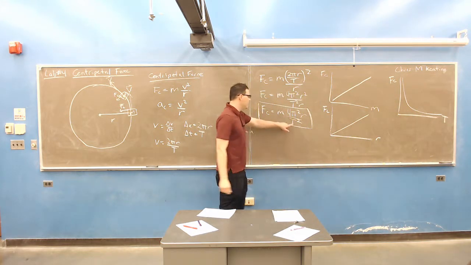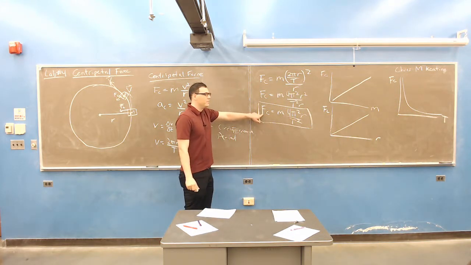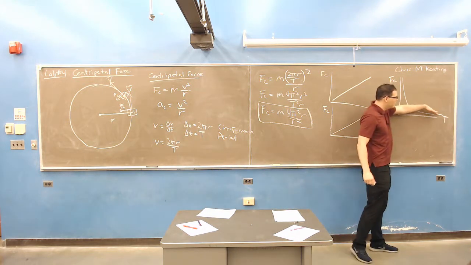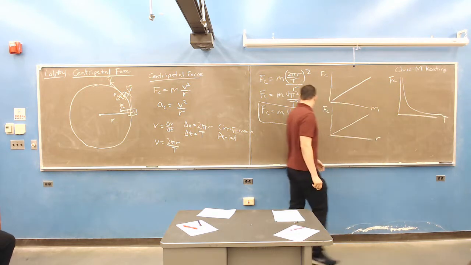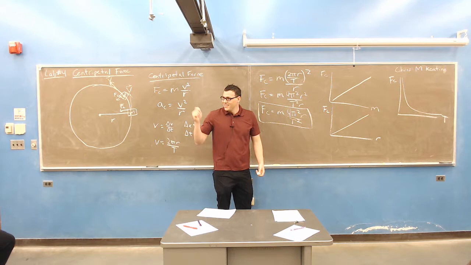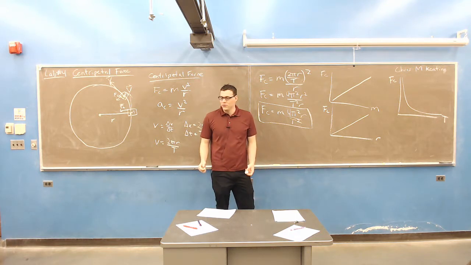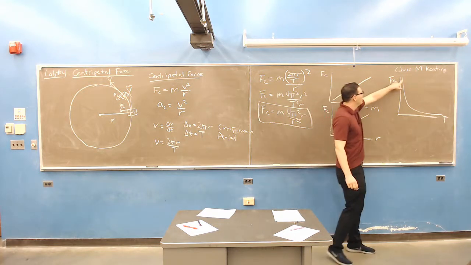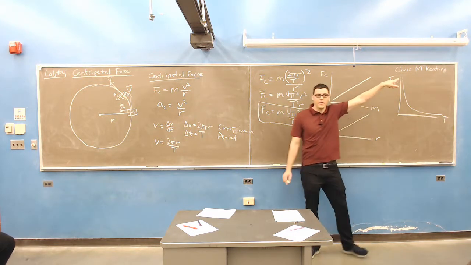As T gets very large, the centripetal force gets very small. And if you have a very, very short period, that means you're spinning it really fast, right? Like a centrifuge. The centripetal force gets very large. All right, any questions?